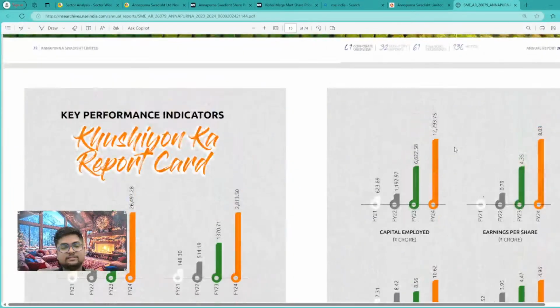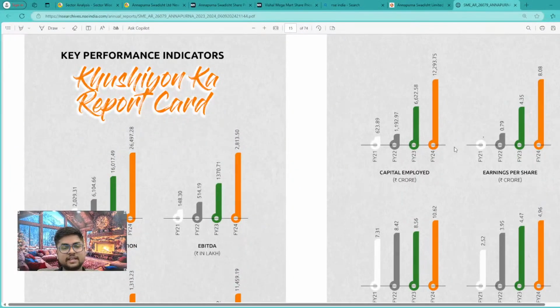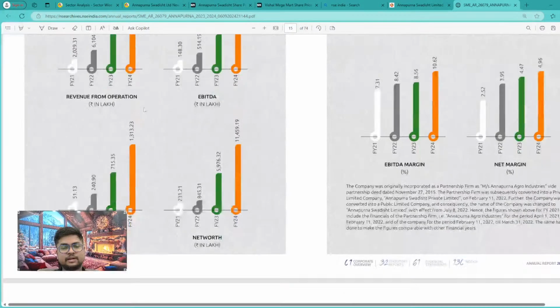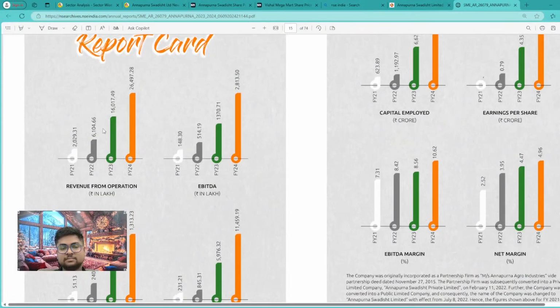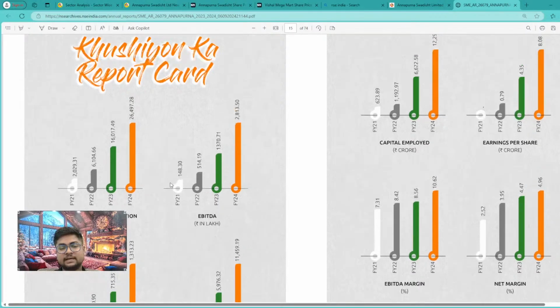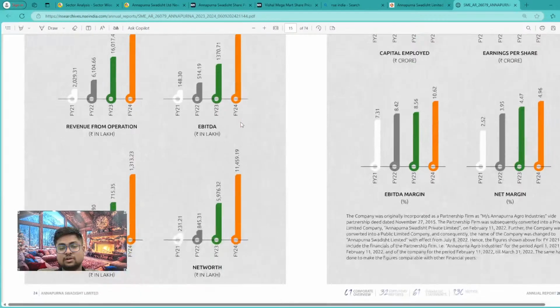If you look at its key performance indicators, the report card shows the revenue has been increasing consistently to 26,497 crores. In terms of EBITDA, it has grown a lot from 448.30 crore to 2813.50 crores.